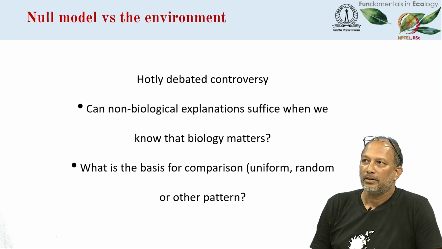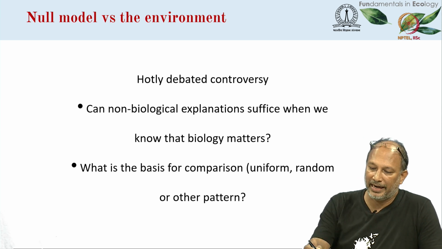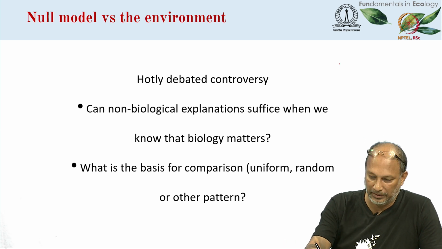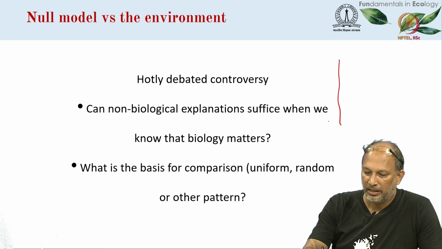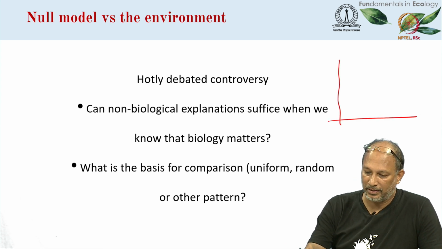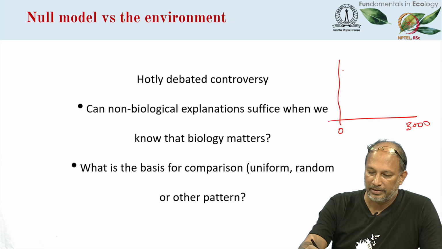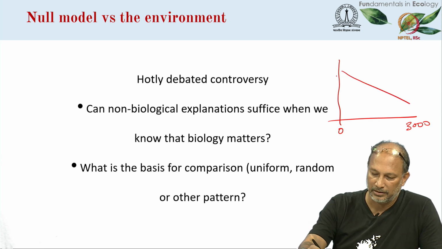However, there's an important thing to consider over here, which is what is the basis for comparison? What are we comparing any pattern that we see in nature with, right? So for example, if I were to look at a pattern of diversity, and let's take elevations, let's say from 0 to 3000 meters, and I find that species richness declines. Now I have some points.